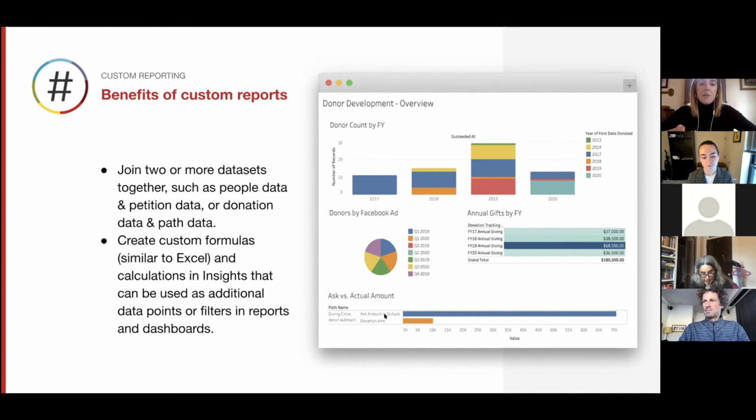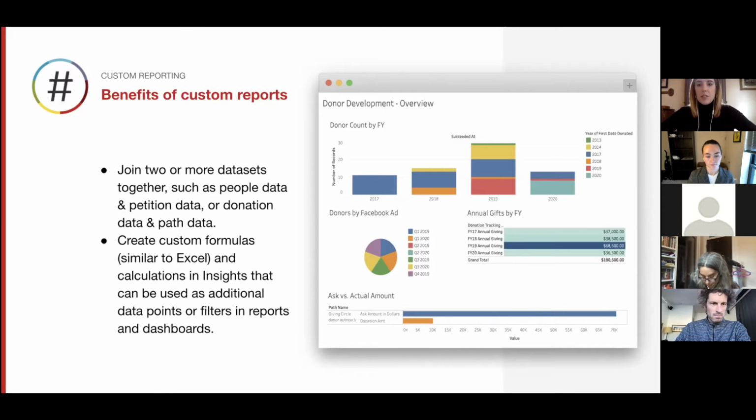And then, as I mentioned, if you know how to create formulas in Excel, you know how to do it in Tableau. It's very similar. It's also pretty similar to the liquid templating language that NationBuilder uses to customize the content of an email or a page template, to say, if you have this tag, you see this content, otherwise you see this content.